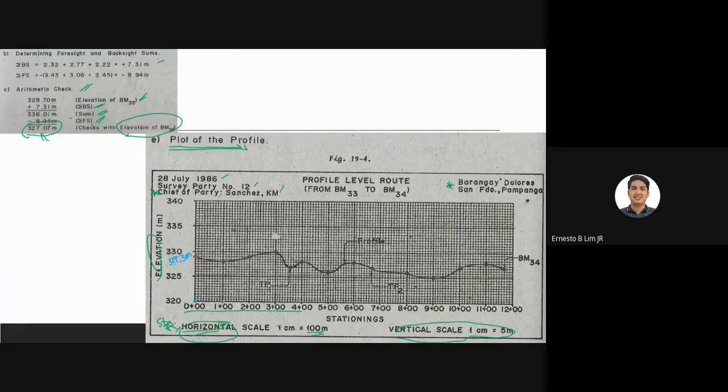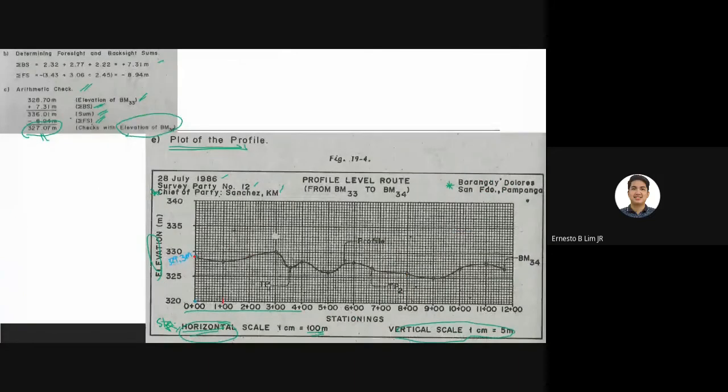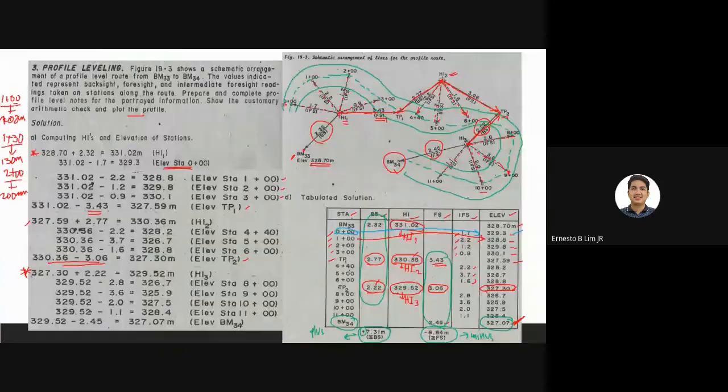So how about for station 1 plus 00? The elevation there is 328.8. So you have to plot it. So I think this point here is 328.8 meters. The same with 2 plus 00, which is 329.8.